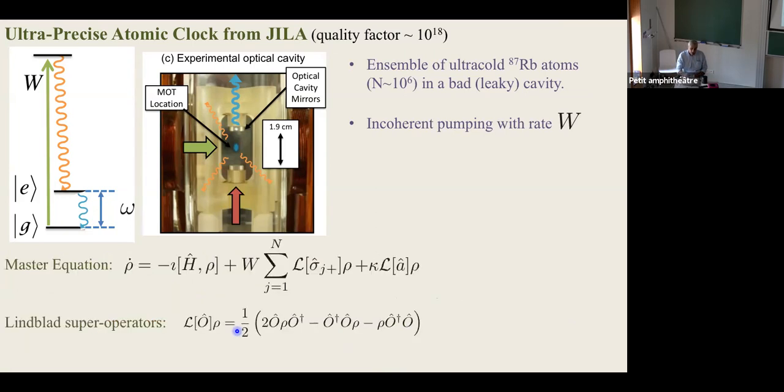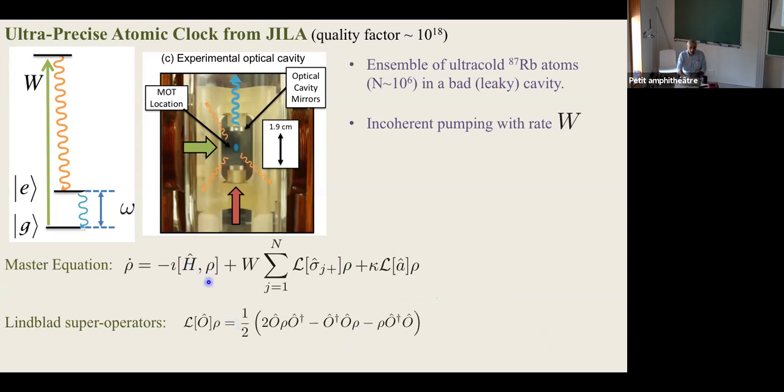We also have to take into account the incoherent pumping and leaking of photons out of the cavity. I didn't say here that it's a very bad cavity, and that's a key ingredient of this clock proposal, because a bad cavity is insensitive to various sources of noise coming from the cavity, such as noise from the optical mirror.